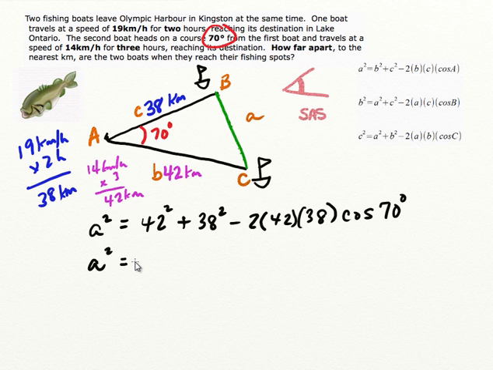If you have a calculator that does not show you the entire equation before you press enter, then you have to apply the BEDMAS rules on your own, which means that you would have to complete this section first, get a value, and then square this, add the square of this, and then subtract whatever this value you achieved in blue was. But we'll use a calculator that does allow us to put in the entire equation.